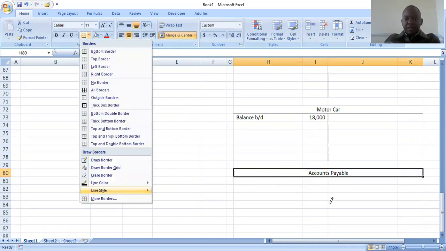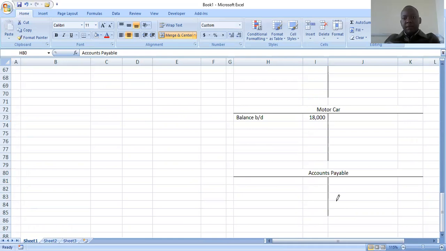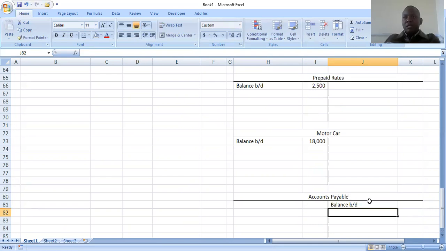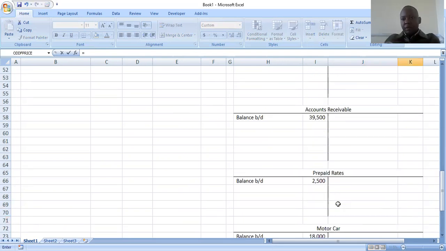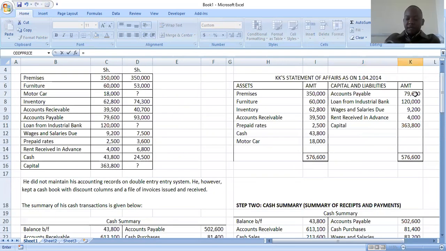Creditors are liabilities, and being liabilities, they have credit balances. So the opening balance will be on the credit side, and the amount of accounts payable is 79,600.